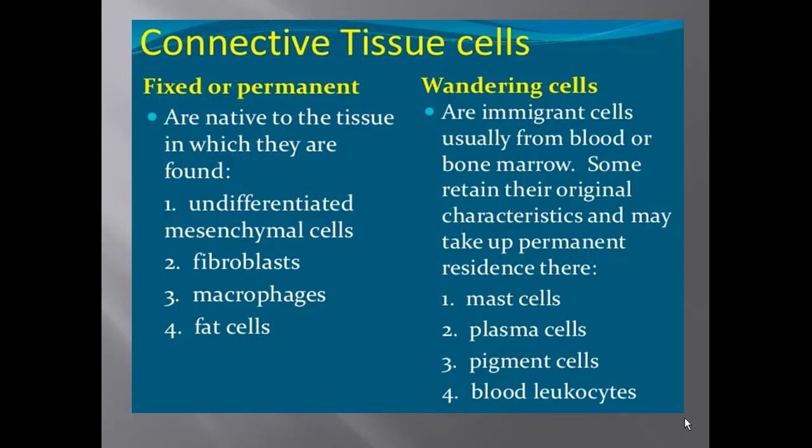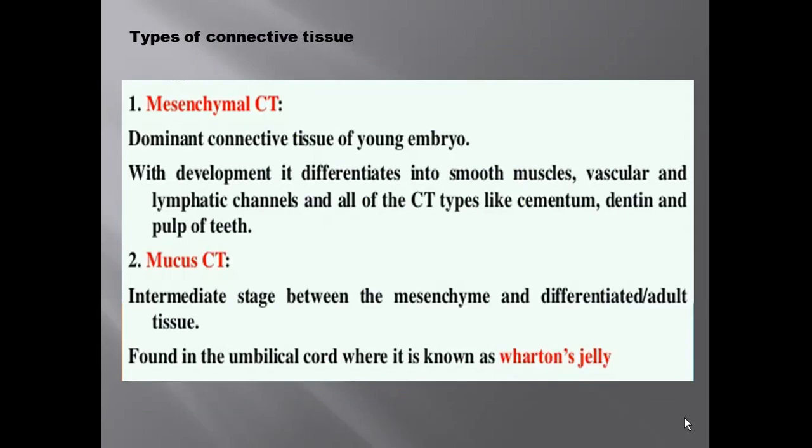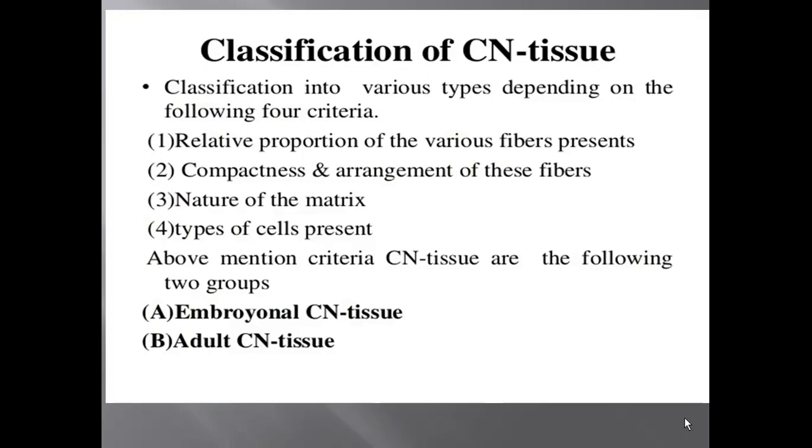The two types are mesenchymal connective tissue and mucous connective tissue, and it is essential to know an example for each one. If I ask about the classification based on four criteria, you need to give me embryonal and adult. And in general, there are three types: connective tissue proper, connective tissue specialized, and connective tissue supporting.